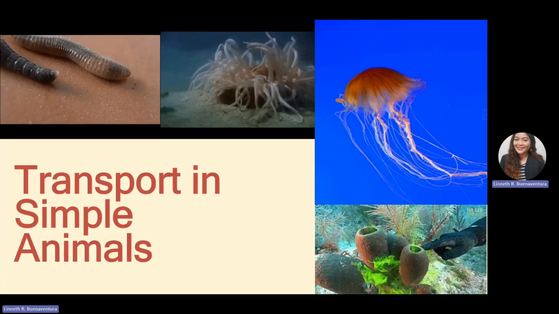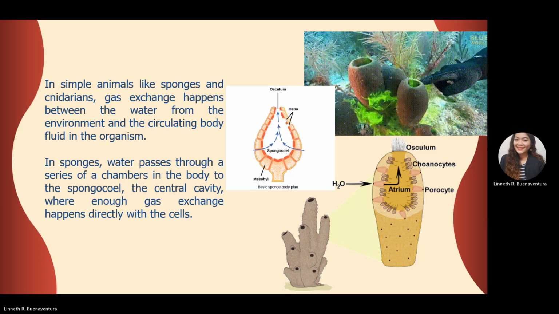So let's start with the transport in simple animals. In simple animals like sponges and cnidarians, the gas exchange happens between the water from the environment and the circulatory body fluid in the organism.